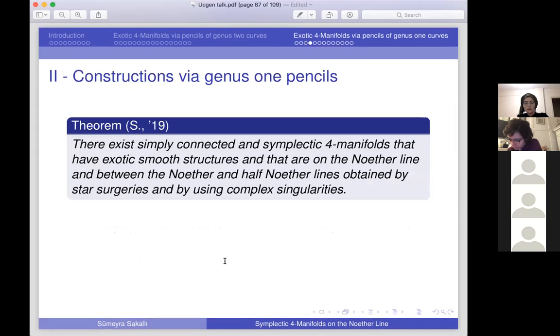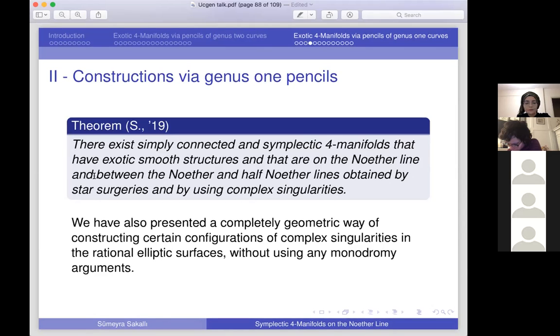Okay, now let me state my result. I showed that there exist simply connected symplectic 4-manifolds. They have exotic smooth structures, and some of my manifolds are lying on the Noether line, meaning that the invariants satisfy the Noether equality, and some others are lying between the Noether and half Noether lines. And in my work, I have used star surgeries, and I also used complex singularities.